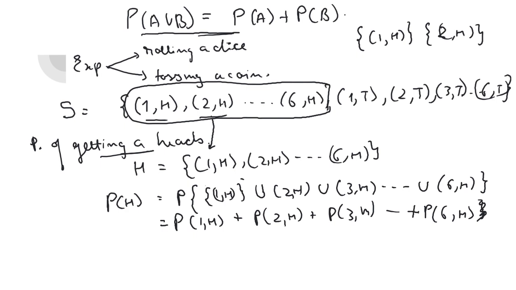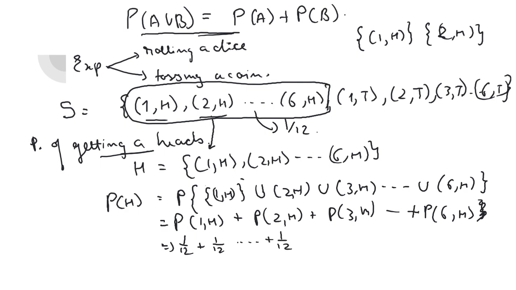So now what is the probability of every single event? The probability of every single event we found out was 1 by 12. Here the probability of a single event was 1 by 12, right? So what I can write is the probability of 1 comma H will be 1 by 12 plus the second one will be 1 by 12, up to this sixth one would be 1 by 12. So I'm going to add these probabilities.